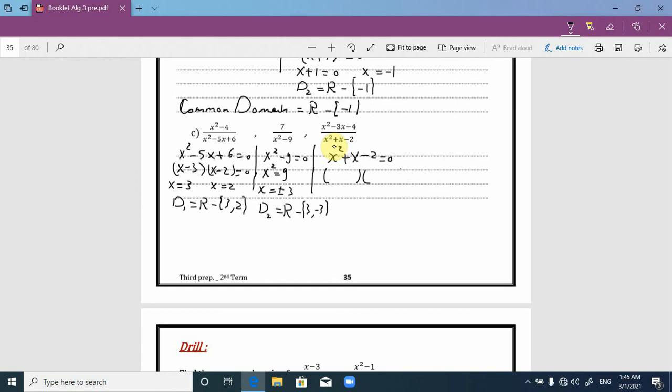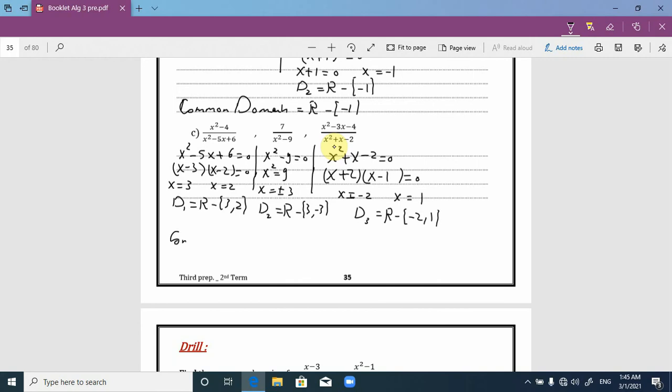Factorize this expression into two brackets, x and x, 2 and 1, positive and negative. When this bracket equals 0, x equals negative 2. And when this bracket equals 0, x equals 1. Therefore, d3 equals R minus {negative 2, 1}.